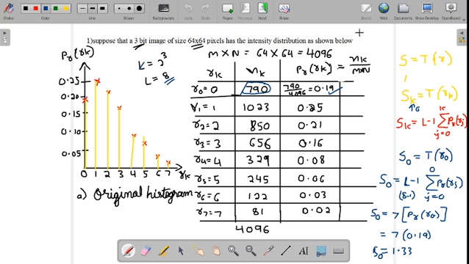If it is Sk, what should the formula be? It should be the number of pixels in Sk divided by m cross n.